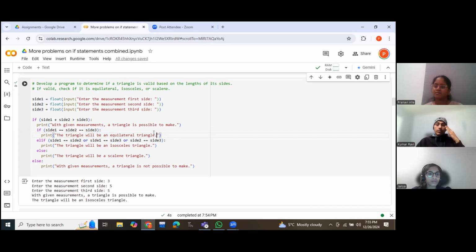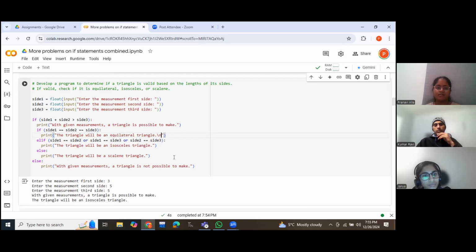If I want to print the output in that way, then what will happen? By the mathematical logic, we can simply print: when all three sides are equal, the triangle is equilateral as well as isosceles.